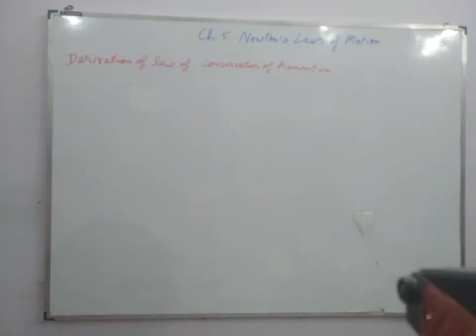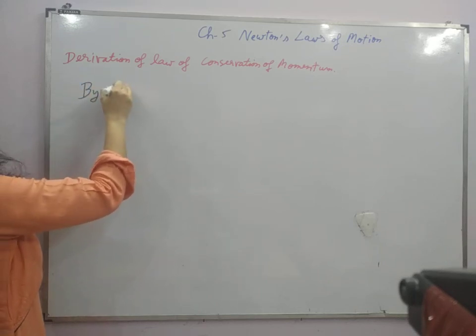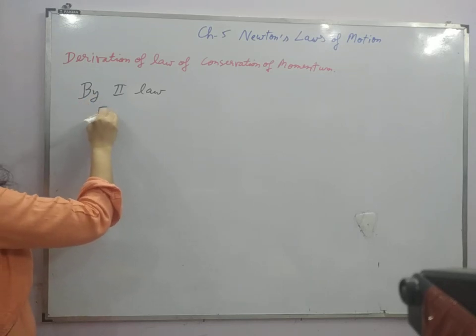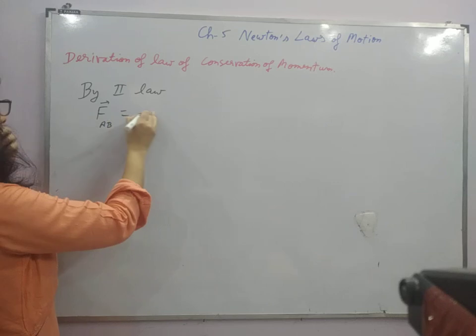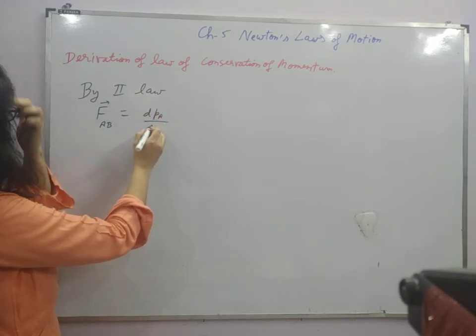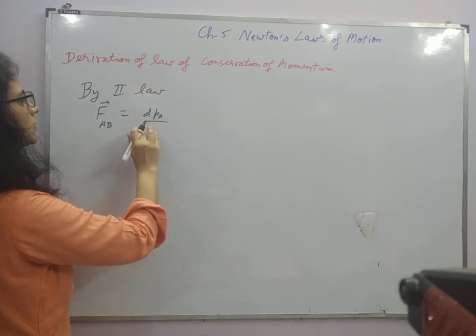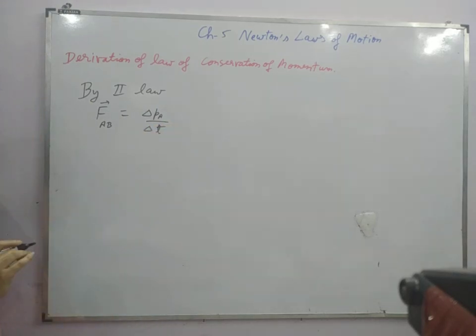We know by the second law that F is the force on A due to B. This is the change in momentum of A, or you can say delta P by delta T, right?